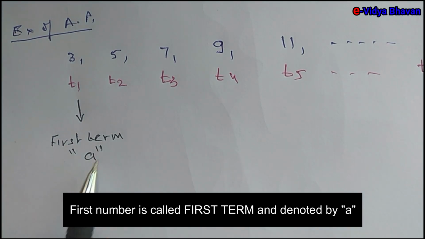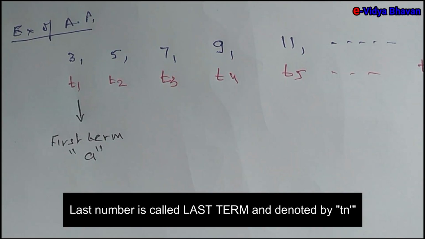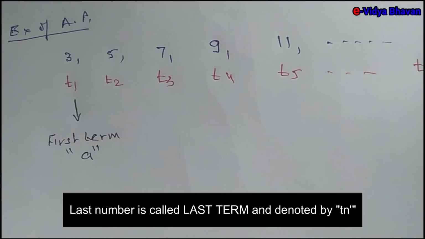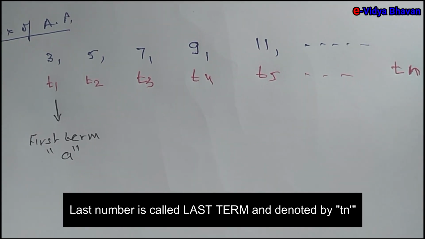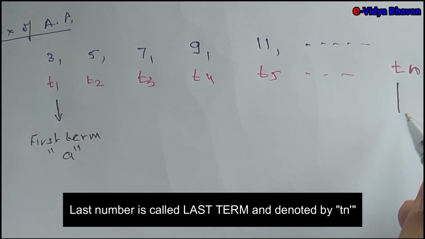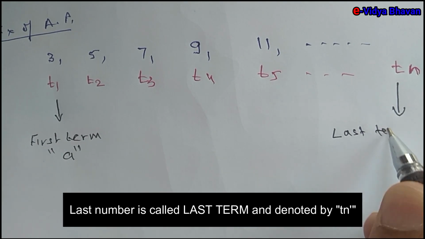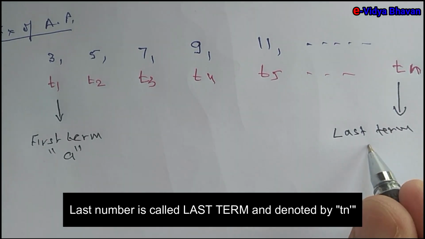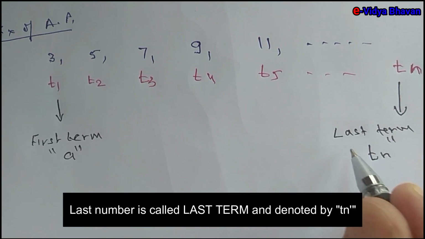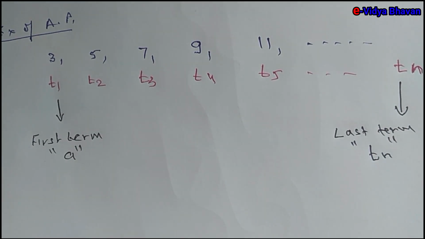So symbolically the first term is represented by a, and the last term we can name Tn, the nth term. So remember, T1 is equal to a, equal to the first term.